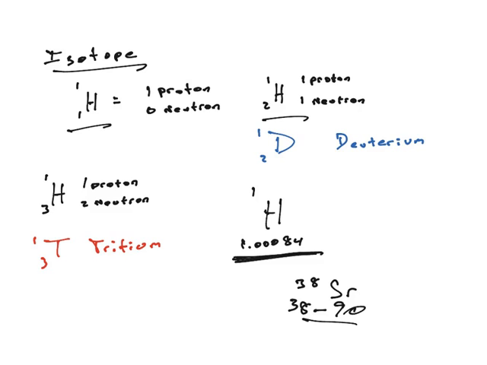Why isn't it just like you would expect in an atom, when you have hydrogen-1, that means you have a nucleus with 1 proton, and you have 1 electron going around. If you have helium, you have 2 protons, and let's say 2 neutrons, and you'd have 2 electrons going around.